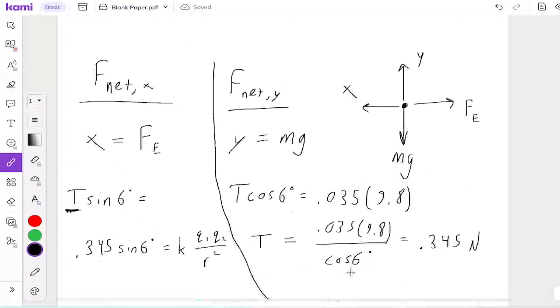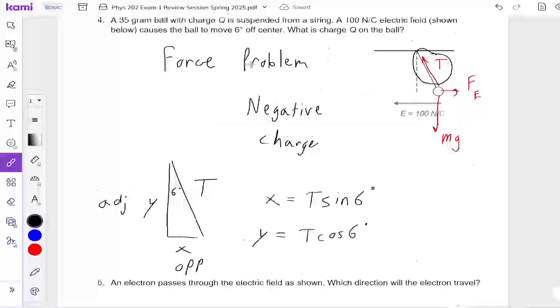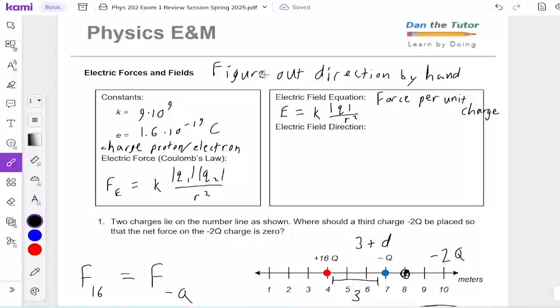I'll admit that's my fault. But going back to the first page or something, for electric force and electric field, there's an equation I missed. I apologize. But the equation is F equals E absolute value of Q. You use this equation when I have electric field and it asks for force. So like right now, for instance.